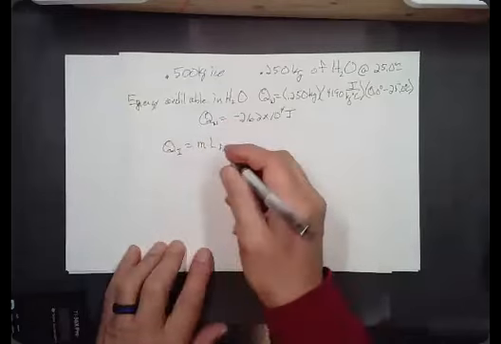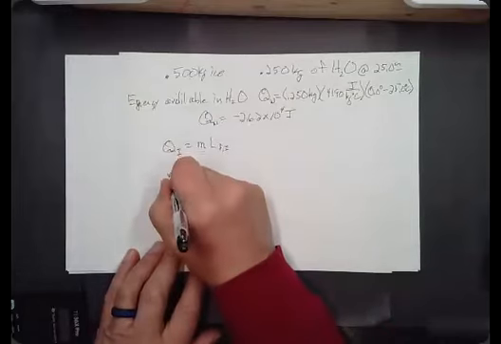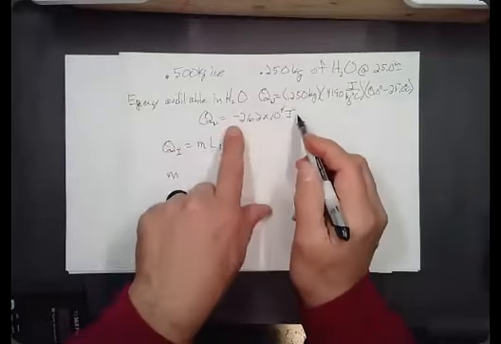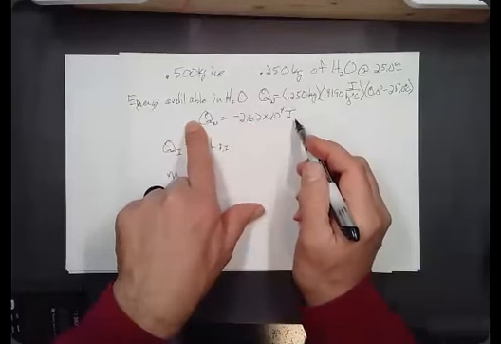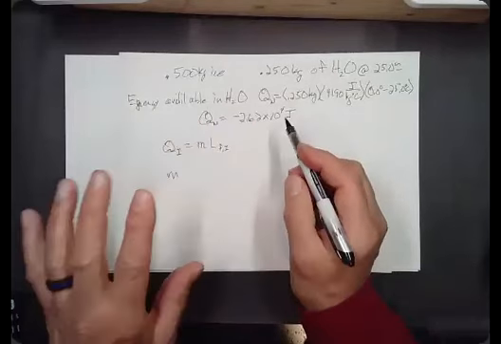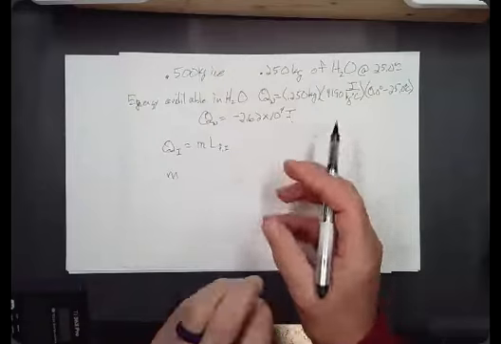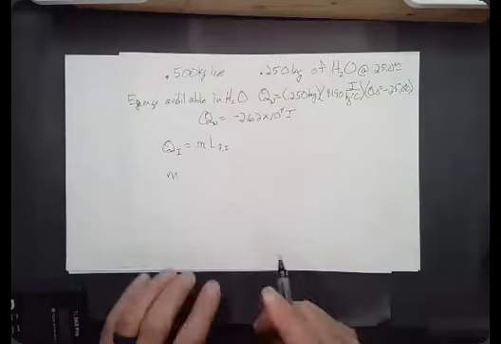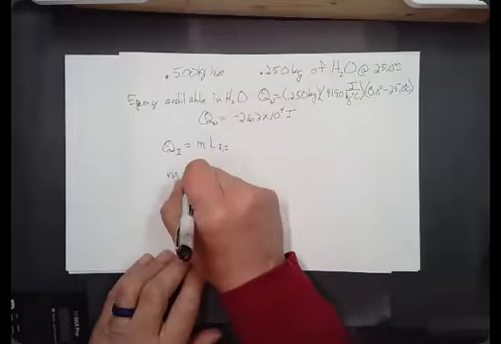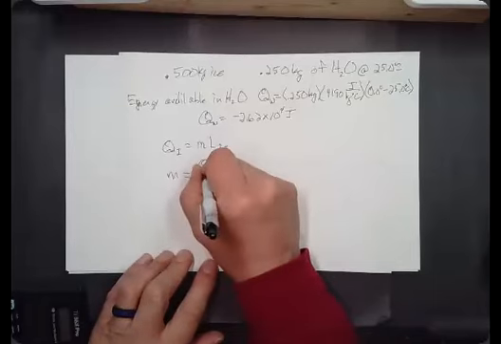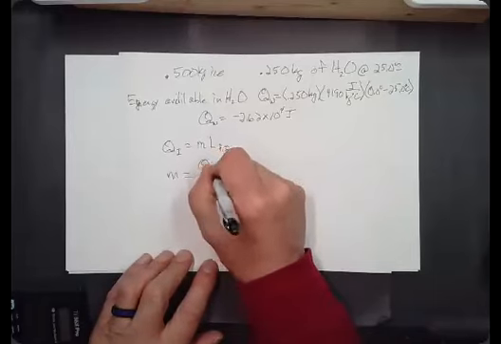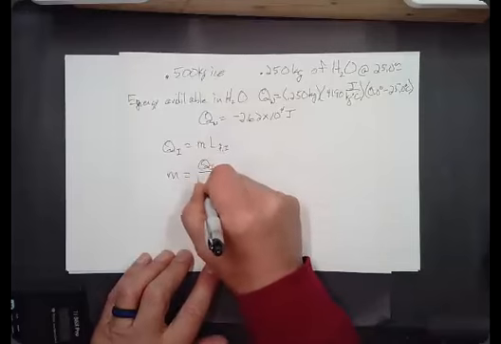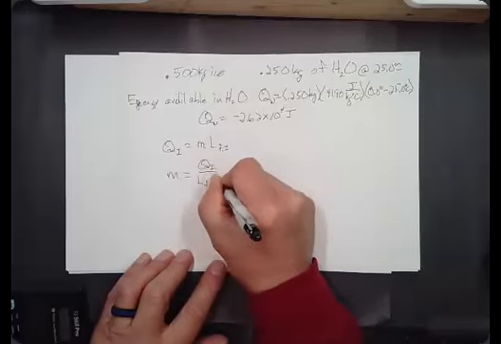Now, this is a negative energy amount for the water, but it'll be a positive energy amount for the ice because that energy is going into the ice. So I'll just change the sign, and the mass will be Q sub I over L sub F.